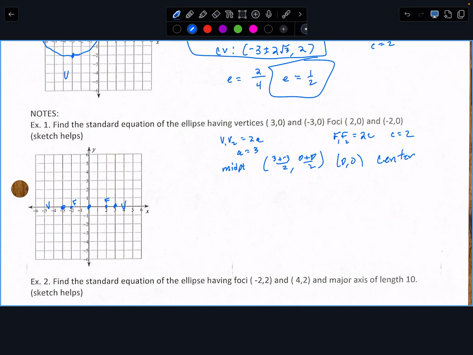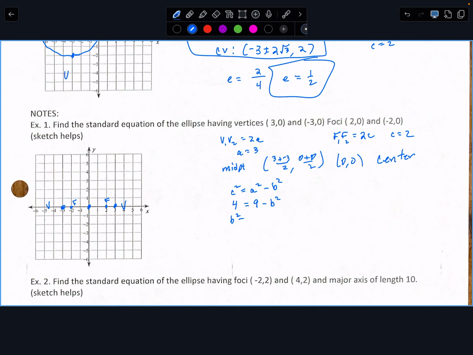And then to get the covertices, I get c squared by taking a squared minus b squared. And I know c squared is going to be 4 because I know c is 2. And a squared is going to be 9 because a is 3.